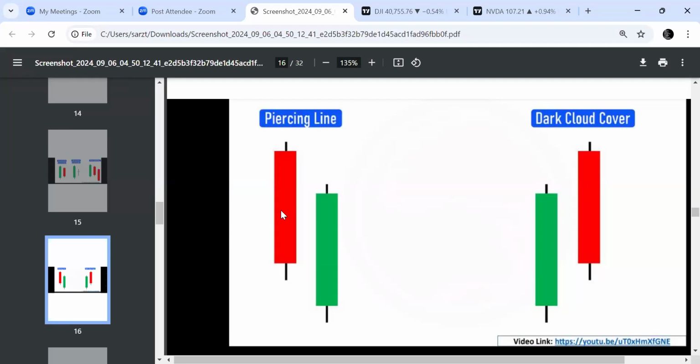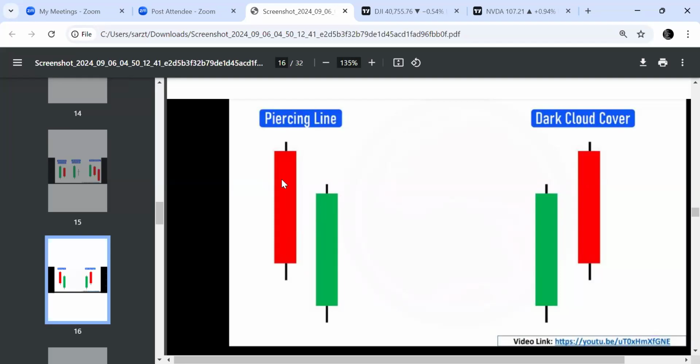Initially, it seems like the downtrend will continue as the price moves lower after the gap. However, instead of continuing down, the price reverses from the intraday low and starts moving up, eventually closing above the midpoint of the previous red candle.